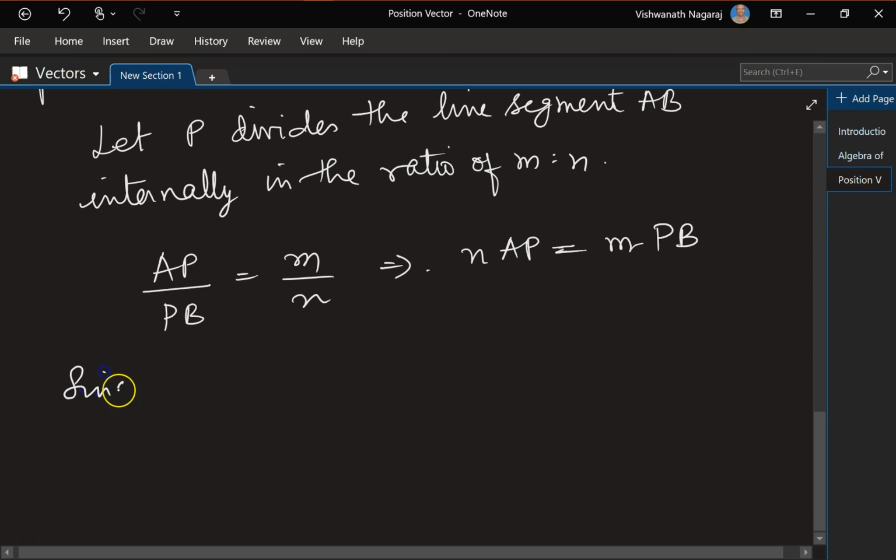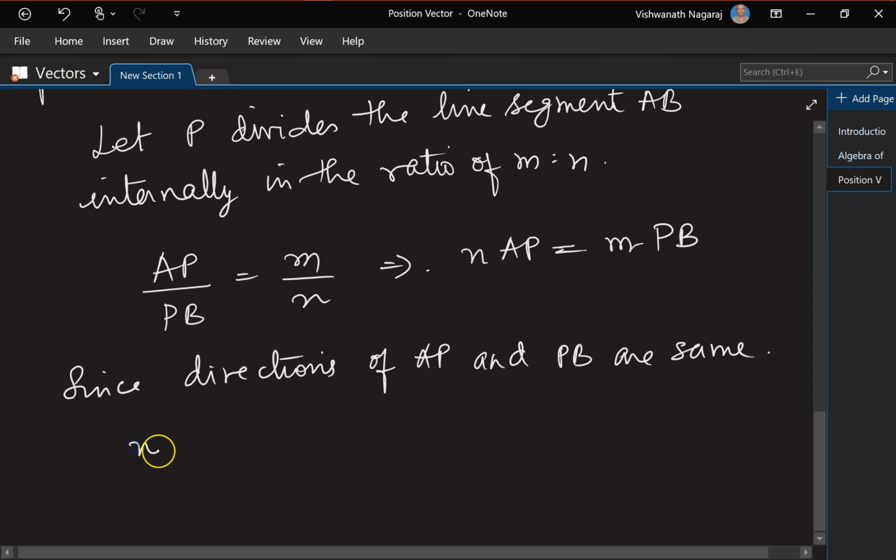Since the directions of AP and PB are the same, we can write nAP is equal to mPB. The direction is the same, only magnitudes are different, which n and m take care of.